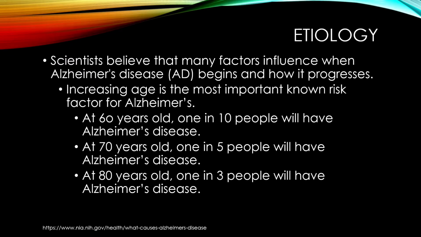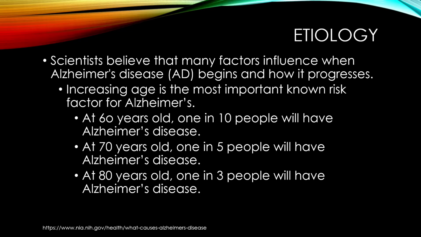So scientists believe that many factors also influence when Alzheimer's disease begins and how it progresses. Increasing age is the most important known risk factor for Alzheimer's disease, and we went over the 60s, 70s, and 80s statistics, but why is that a risk factor and the most important risk factor?